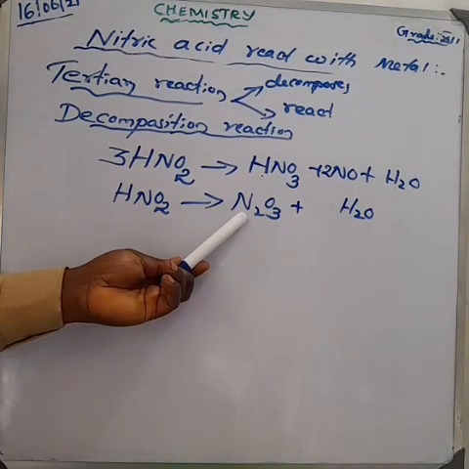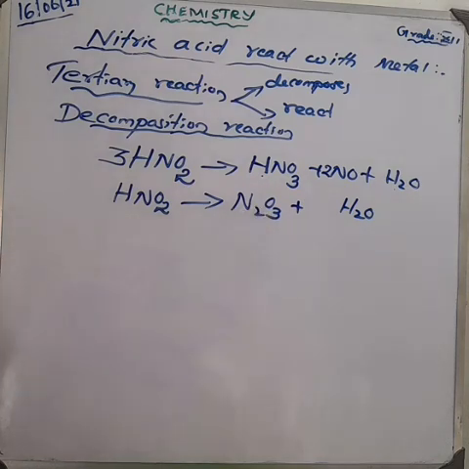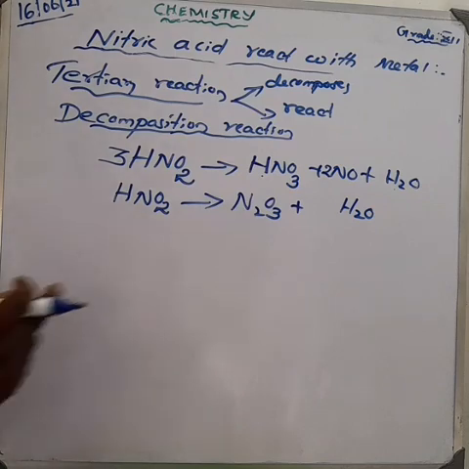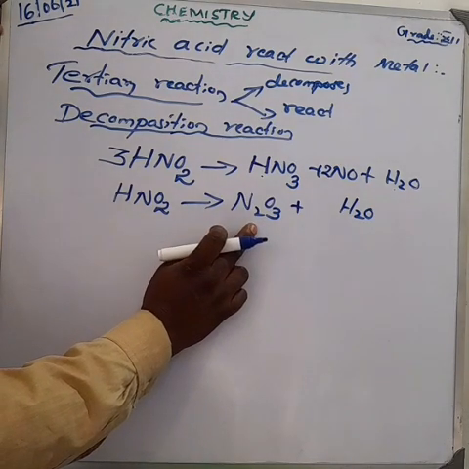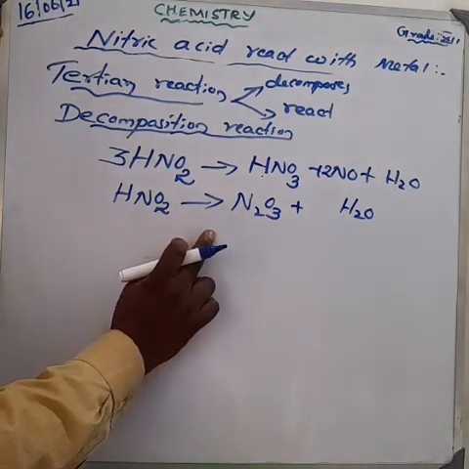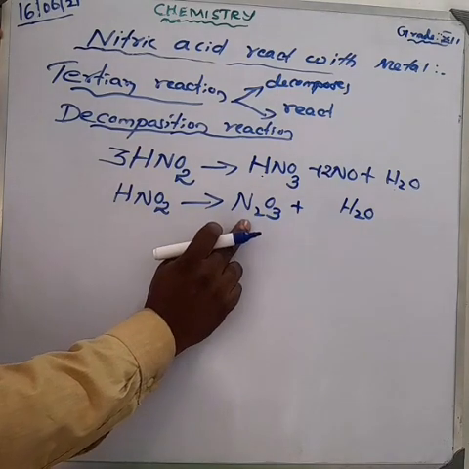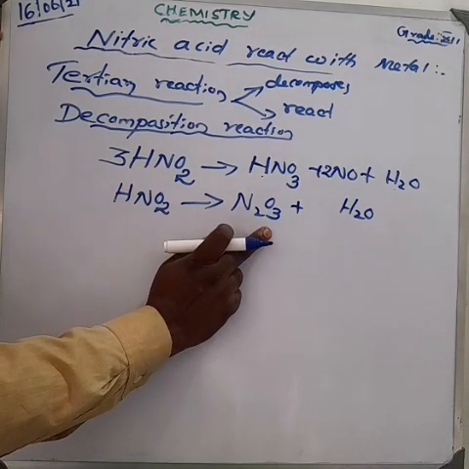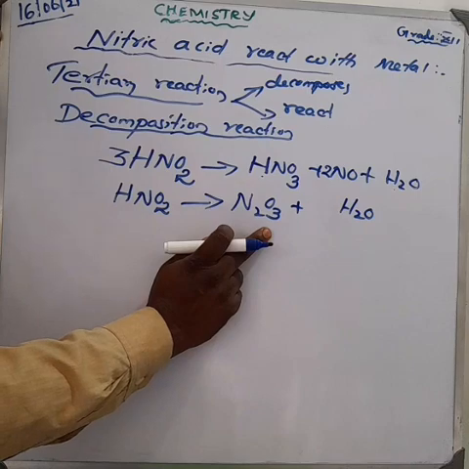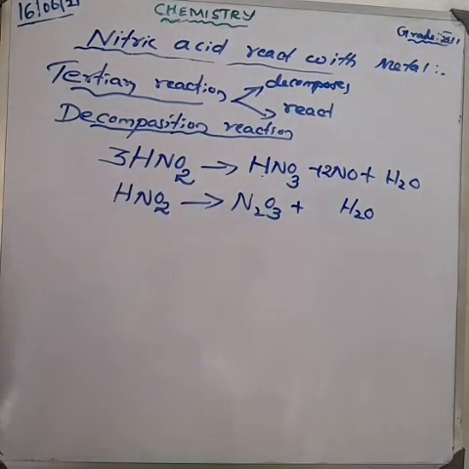N2 means dinitrogen. Am I right? O3 means trioxide. Okay. Can you understand? Dinitrogen trioxide. And also we get water molecules. Don't forget that.